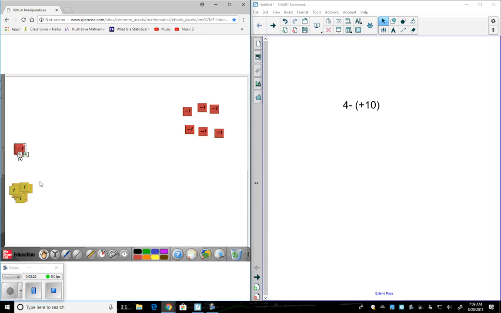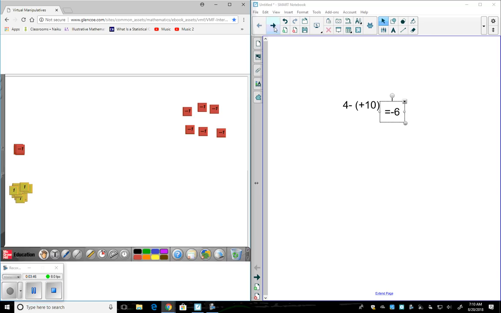So I've removed all my positive ones. Now I'm left with a negative 1, 2, 3, 4, 5, 6. So my answer for this problem is equals negative 6. So this is how you use these counters to help you subtract.